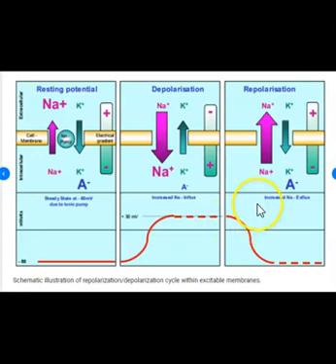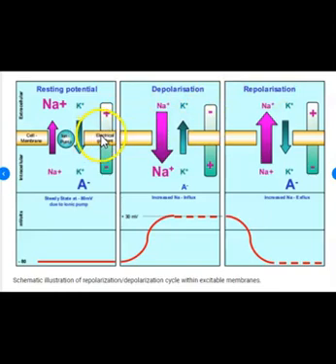Then repolarization is going to occur, where the sodium-potassium pump is going to start working in high gear to pump the sodium back out of the cell and bring potassium back into the cell in order to get back down to that negative 70 millivolts. So that is how electrical impulses travel along the course of a neuron.